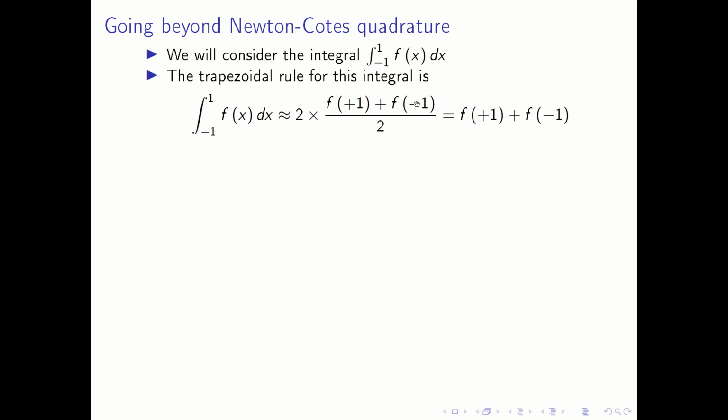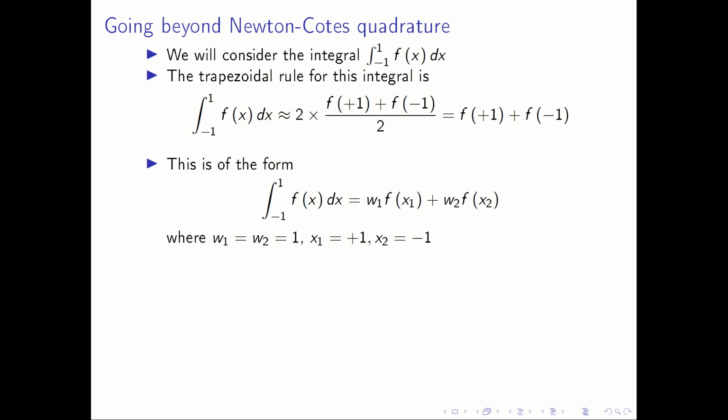And this turns out to be f1 plus f -1, which, as is easy to see, is of the form w1 times f of x1 plus w2 times f of x2. The function is being evaluated at 2 points x1 and x2, and the values of the function at those 2 points are being multiplied by two weight factors w1 and w2. It's easy enough to read off what w1 and w2 are from this expression.